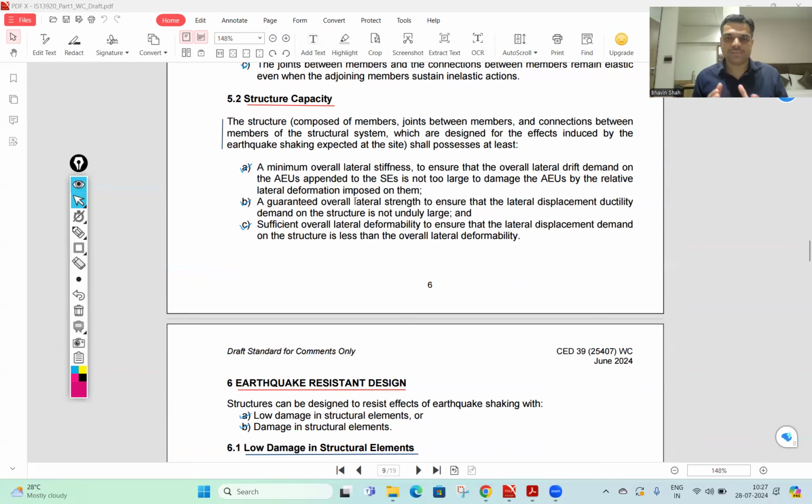So wherever it is applicable, the detailed requirements will be mentioned in the separate parts, part 2 to part 11, because different AEUs will have different limits which we need to adhere to.